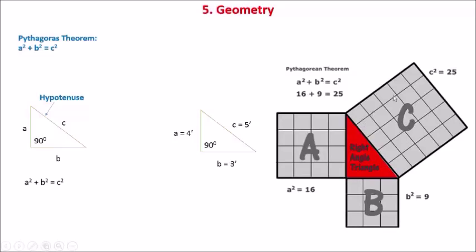So c squared is exactly 25, which means I've got exactly 5 times 5, 25 tiles here, right? Now you can see that if you add the 16 tiles plus these 9 tiles, 16 plus 9, I get exactly 25 tiles, right? 16 plus 9 is 25. So now you know why the Pythagoras theorem is true, right?